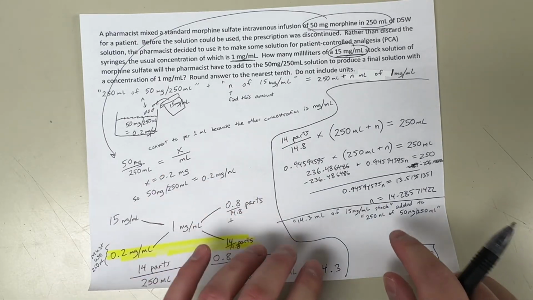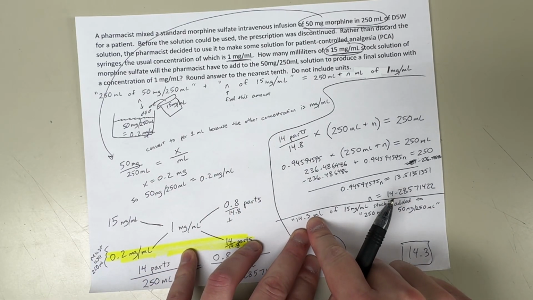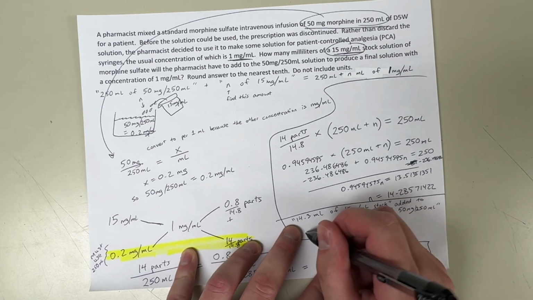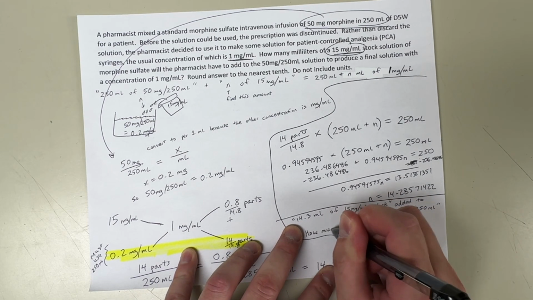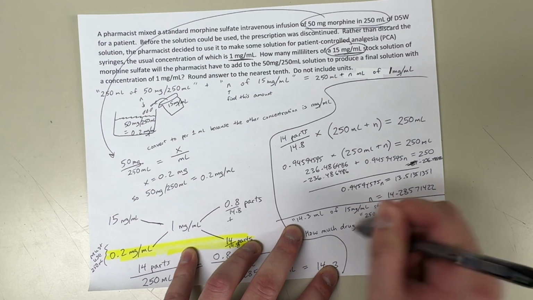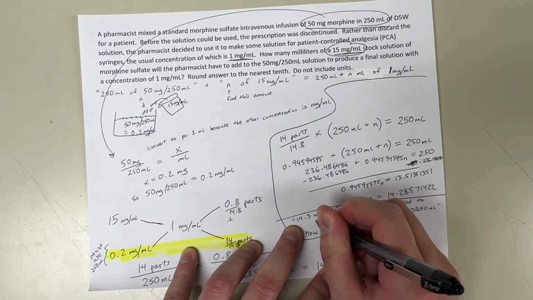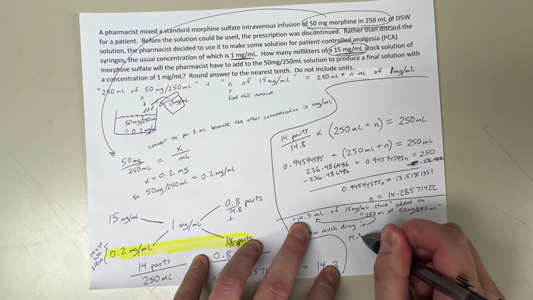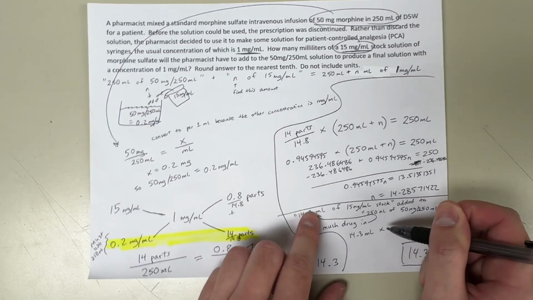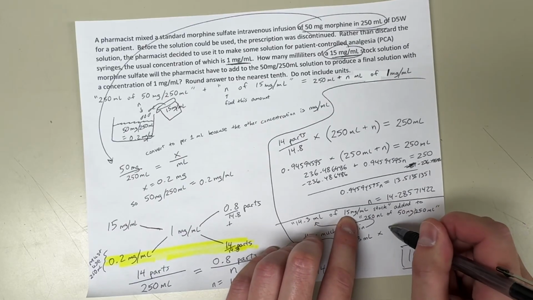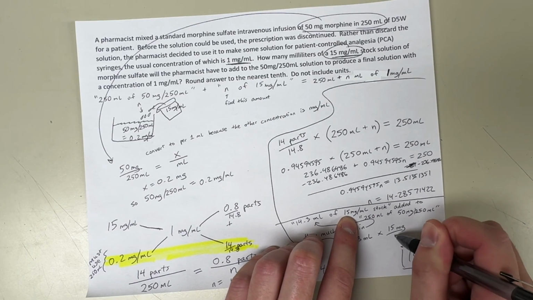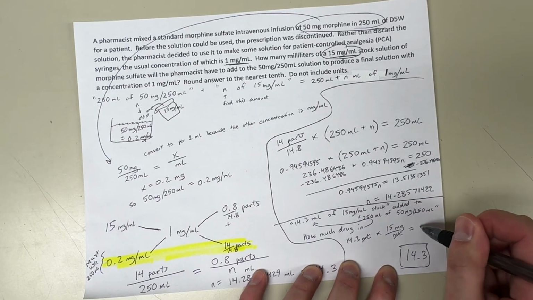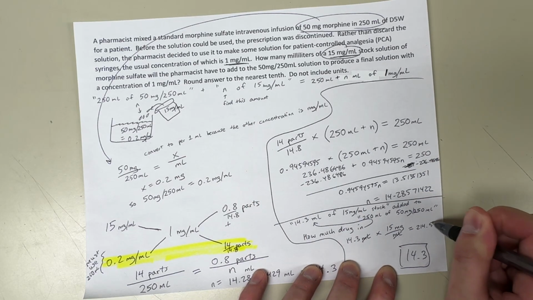Now I'm going to calculate how much drug is in this 14.3 milliliters of the 15 milligram per milliliter. I take the 14.3 milliliters and multiply it by the 15 milligrams per milliliter. Milliliters and milliliters cancel out. That equals 214.5 milligrams.